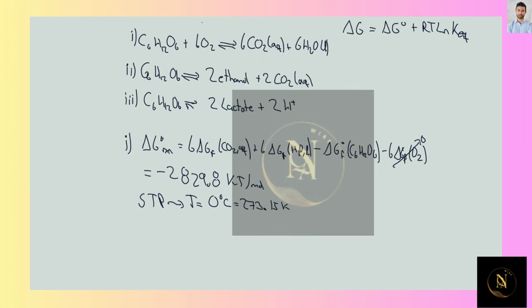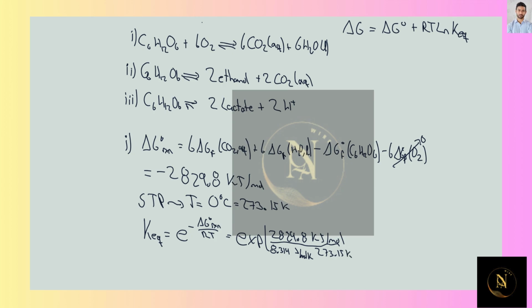So my equilibrium constant in this case is equal to exponential of minus delta G standard of the reaction divided by RT, which is going to be equal to the exponential of, since minus times minus is equal to plus, 2,829.8 kilojoules per mole divided by R, which has a value of 8.314 joules per mole Kelvin, times my temperature, that is 273.15 Kelvin.